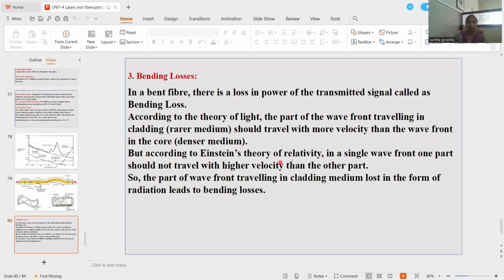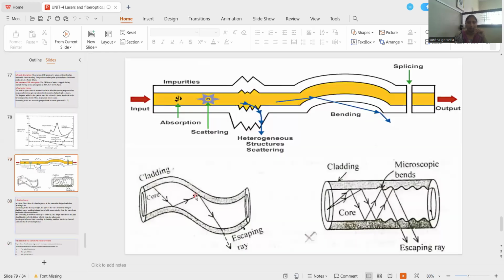But according to Einstein's theory of relativity, in a single wavefront, one part should not travel with higher velocity than the other part. So the part of the wavefront traveling in the cladding is lost in the form of radiation, which leads to bending losses. Here is the macro bending and this is the micro bending.